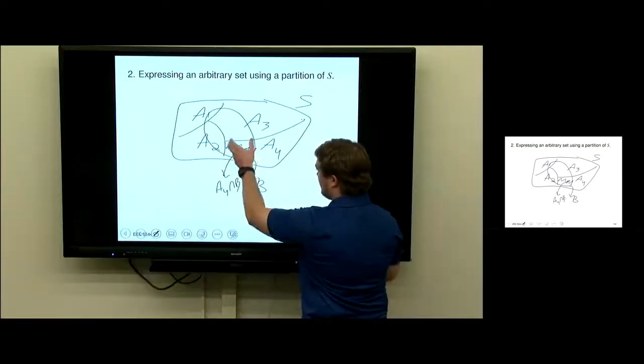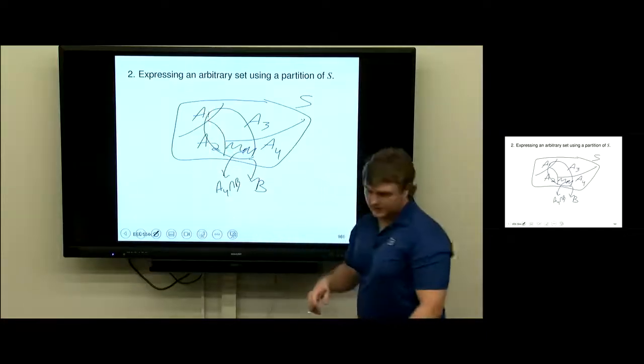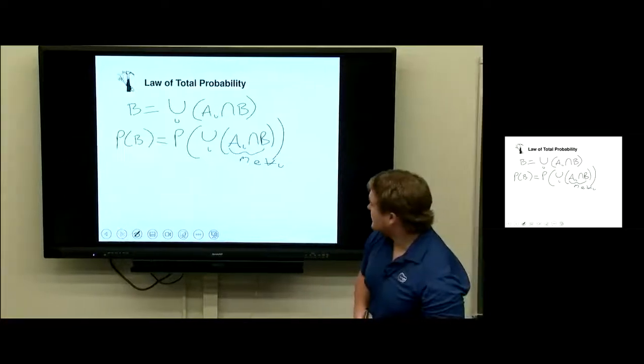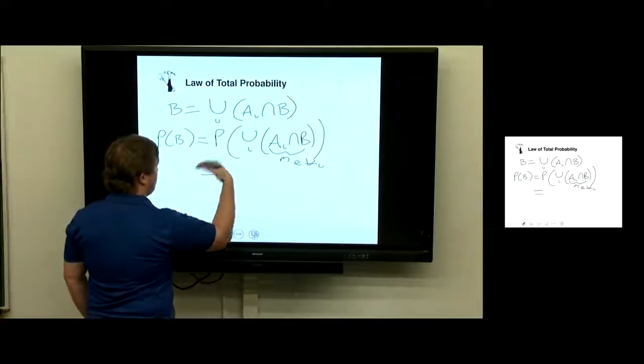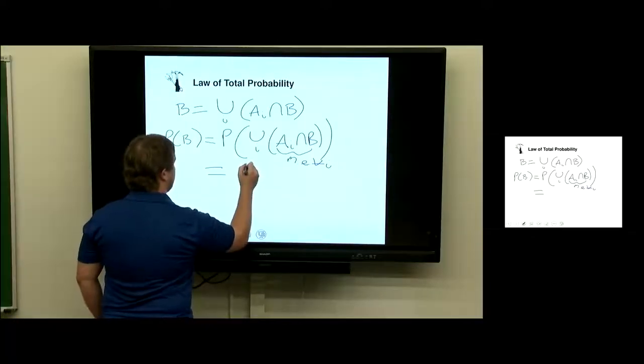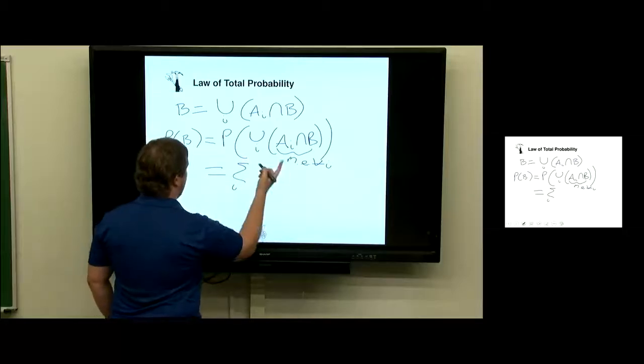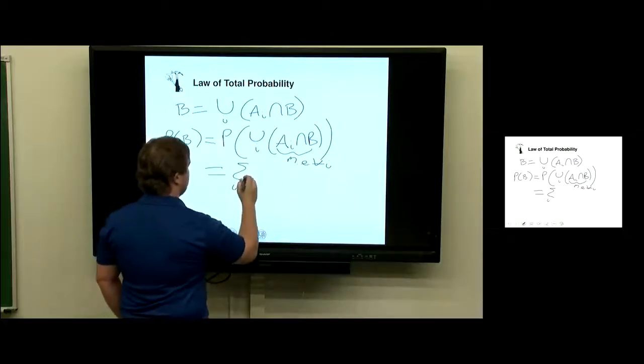A sub 3, and so on, is mutually exclusive for each of those pieces. Knowing that, we can turn the union into a sum over all I, swapping the probability with the union.